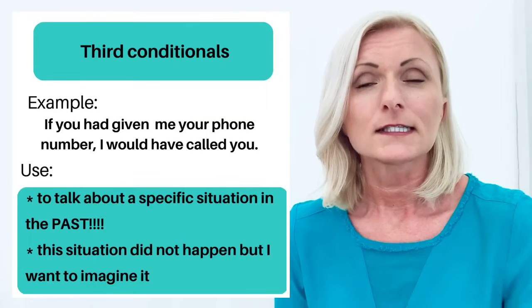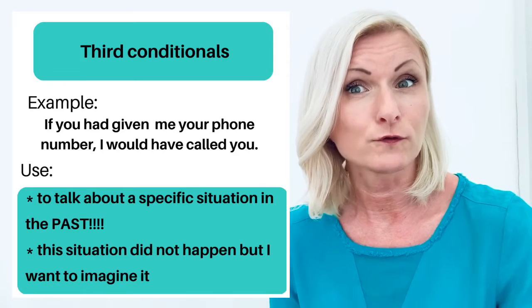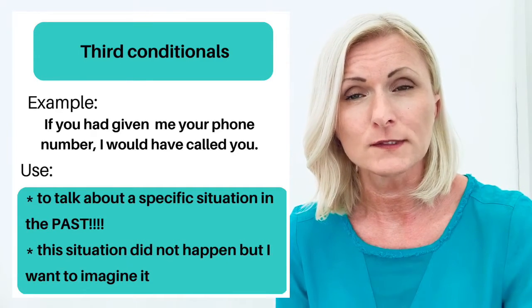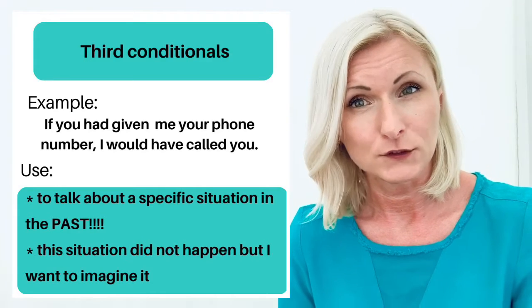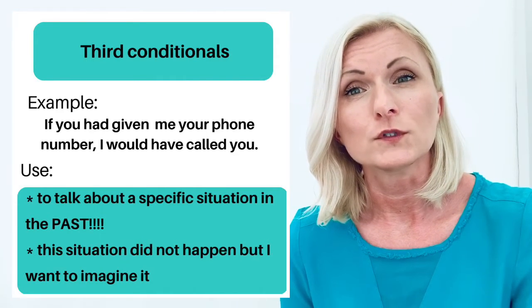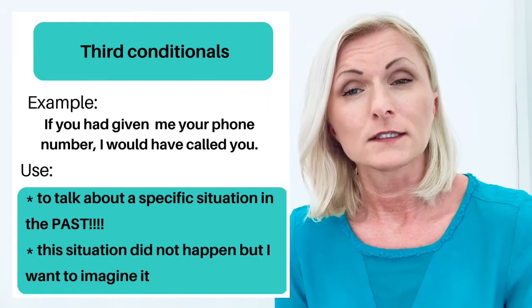Now let's have a look at the third conditional sentences. The third conditional sentences are very different in meaning when we are comparing them to the first and second conditionals. So my example here is, if you had given me your number, I would have called you. The third conditional sentences don't talk about the present.